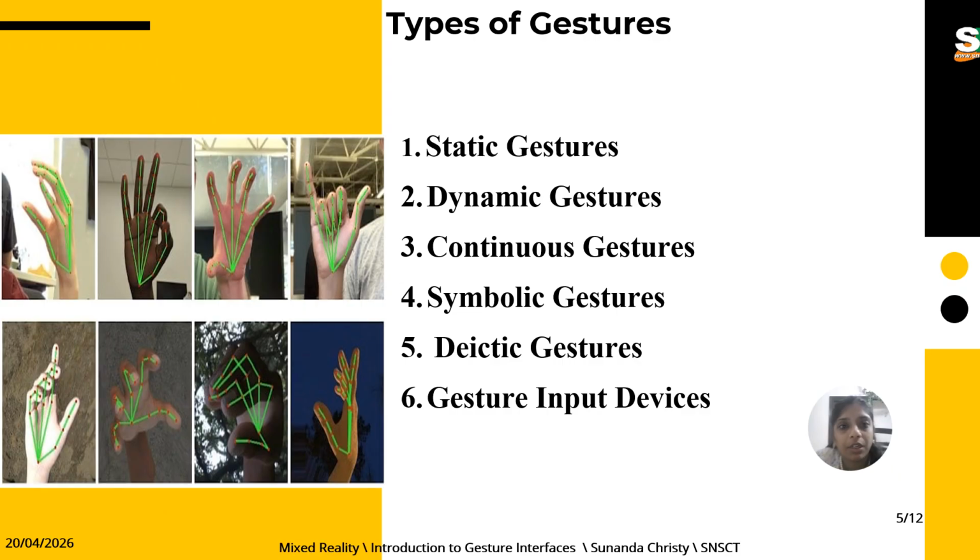So here we have different types of gestures. It has static, dynamic, continuous gestures, symbolic gestures, diegetic gestures, and the input devices that are available through the gestures. Do you know what is static? Just look at the picture.